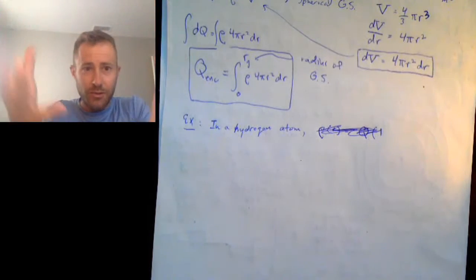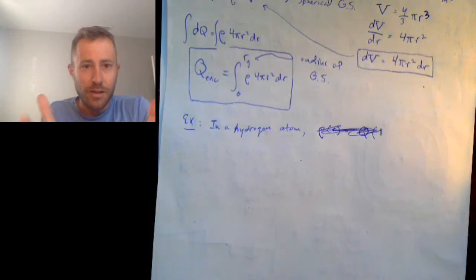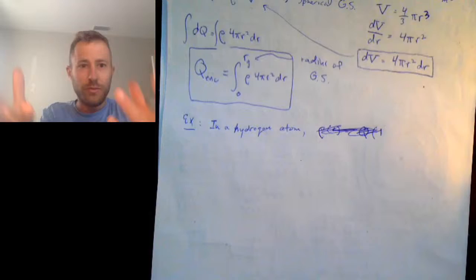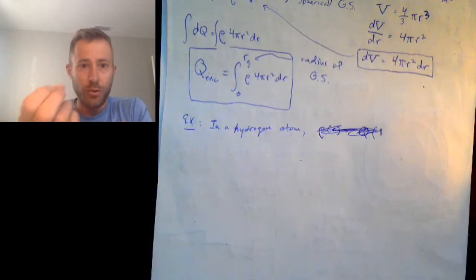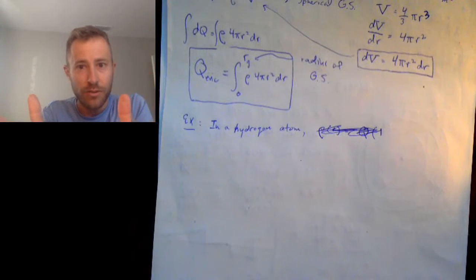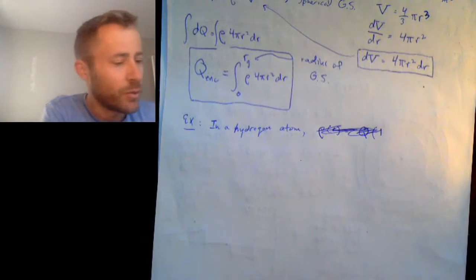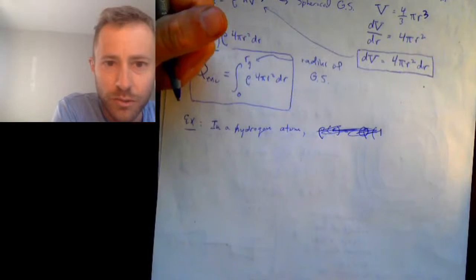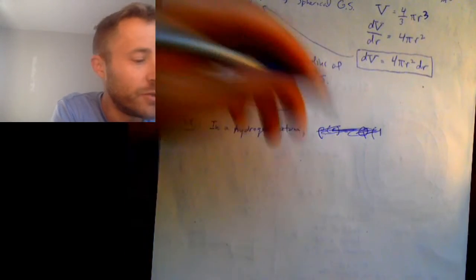If you were to do a Gaussian surface in a hydrogen atom, that Gaussian surface would enclose the proton in the nucleus, and also part of the electron cloud. So what we're going to do is figure out just the electric field due to the electrons.